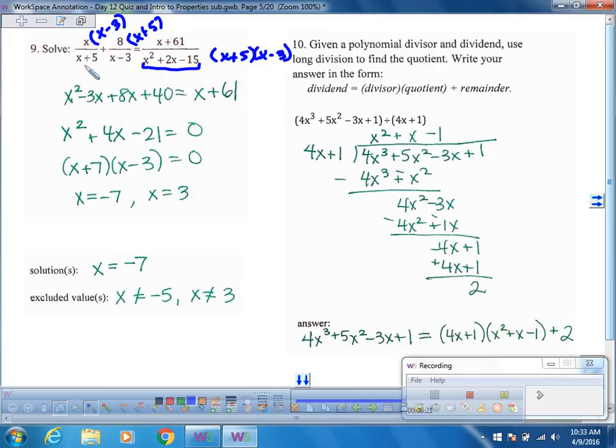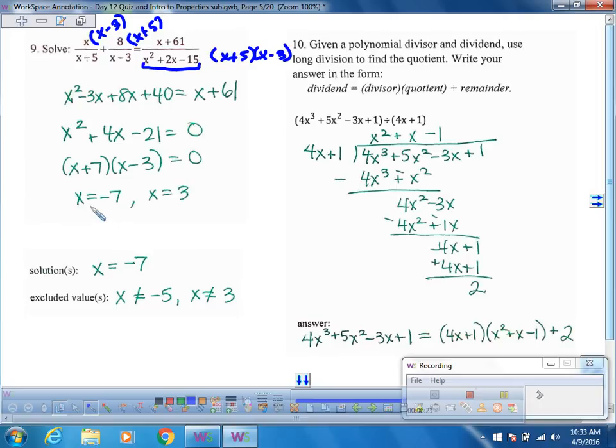So when you multiply this out, you get this. When you multiply this out, you get this, which equals x plus 61, which is right here. Then if you combine like terms, move everything to solve for 0, and that's how you find your zeros.